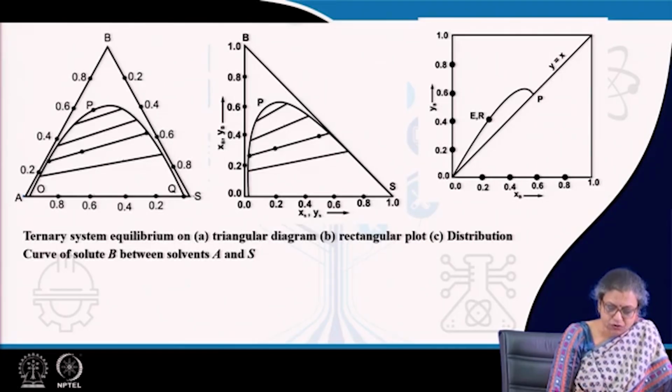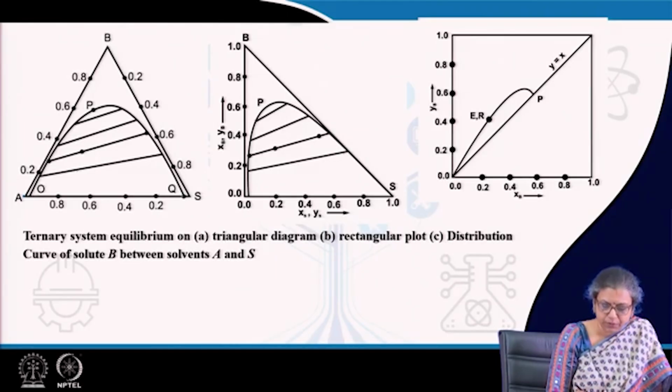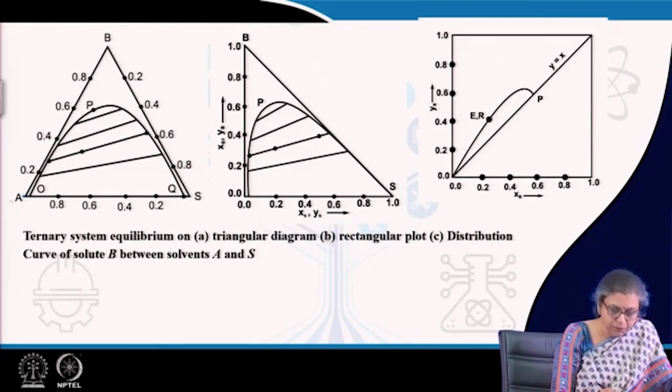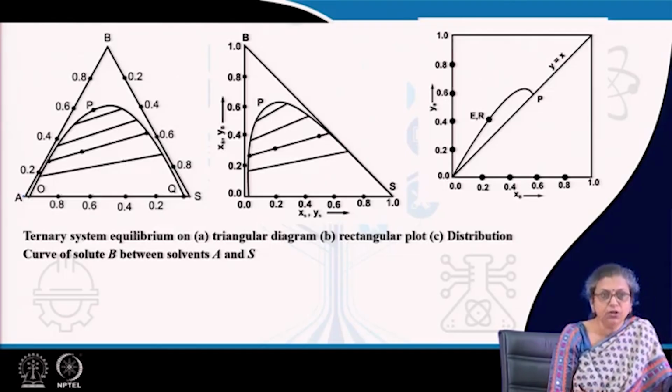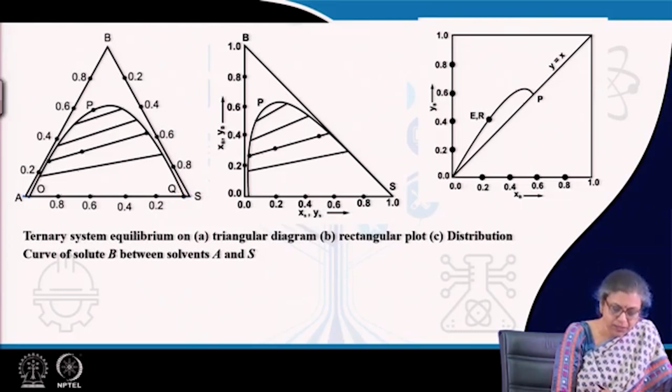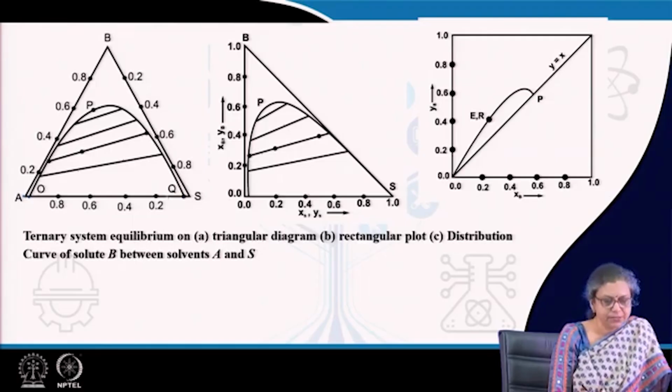Now, since the solubility of S in A is very less, there is some particular equilibrium curve established between A and S. The more insoluble they are, the closer these points will be to the two apices, and if they are more soluble, they will be more removed from the apices.